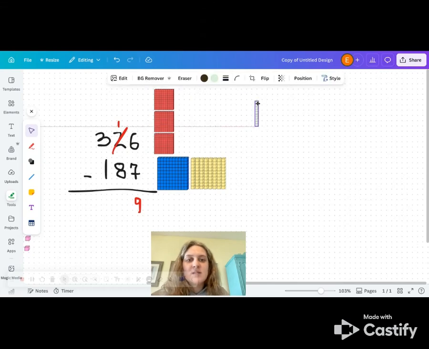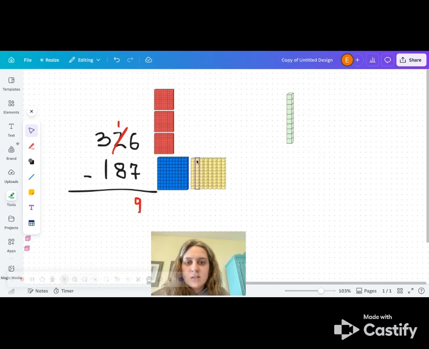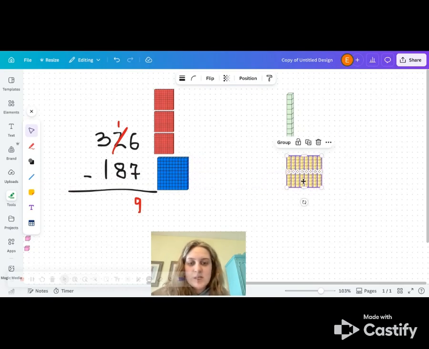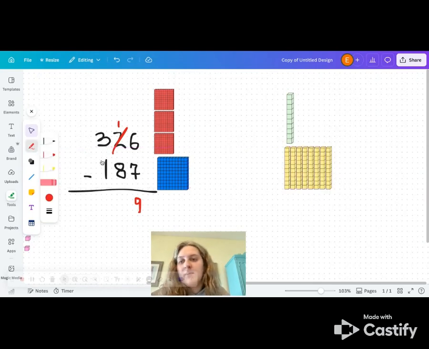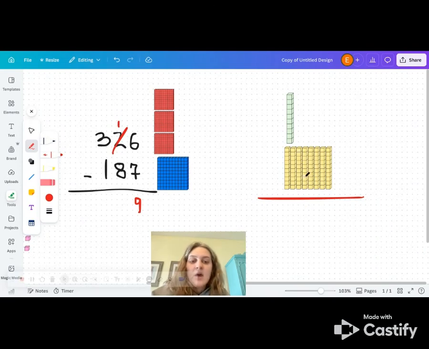So in the tens place, we have 1 ten, which is also 10 ones, just as a reminder. And then we have 8 tens as well, which is 80. So once again, we are unable to do this problem without regrouping because 10 minus 80 would get us a negative number. So we will have to regroup from the 100s place.